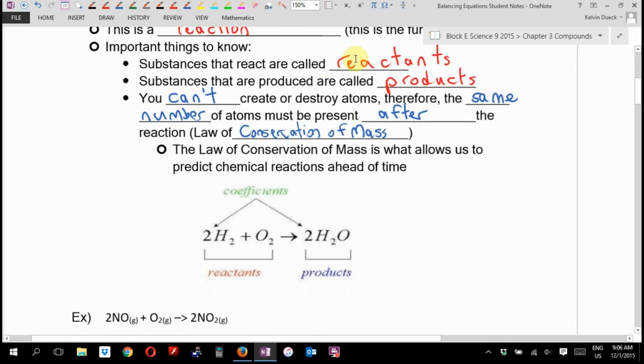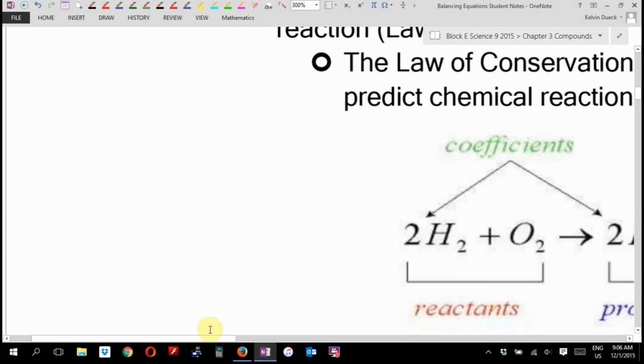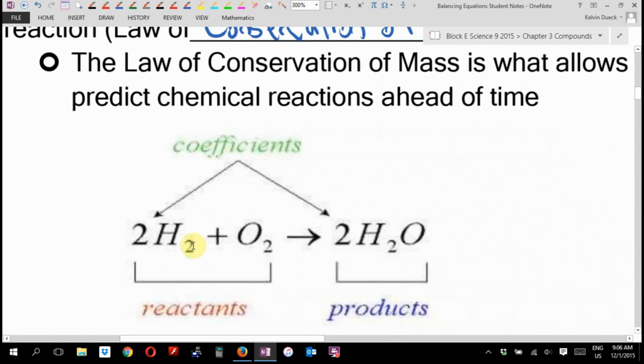So here is an example. Let me blow this up so you guys can see it nice and big. Here is an example of a chemical sentence. It's saying, if you start out with 2 molecules of H2 and you add to it 1 molecule of O2, so how many oxygen atoms are there on the left? How many hydrogen atoms are there on the left, grand total? 4.